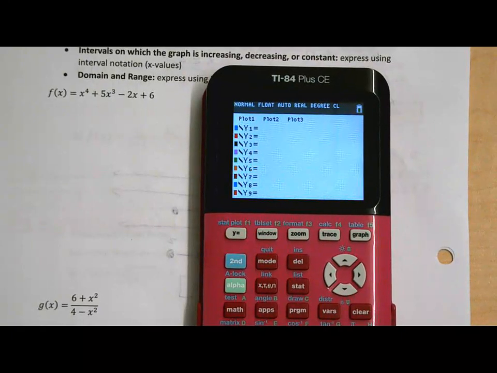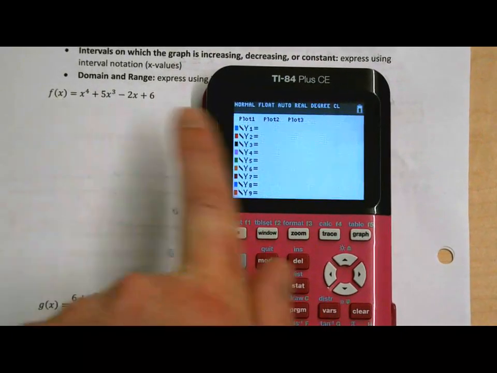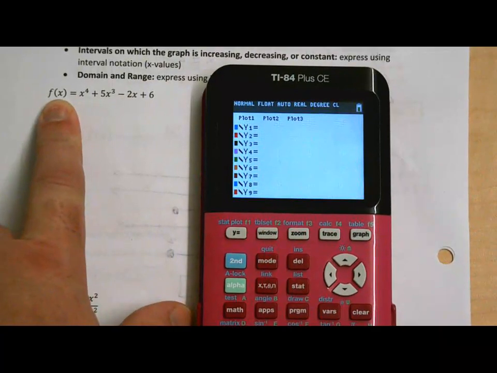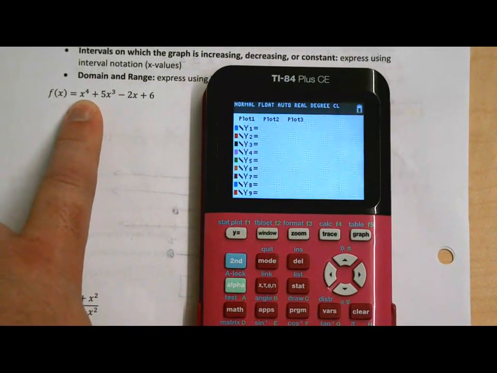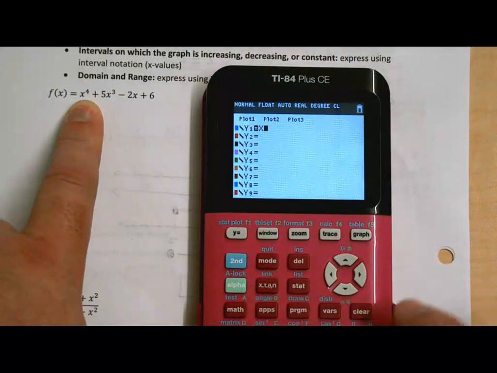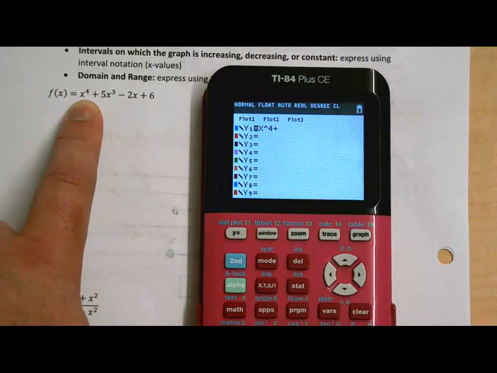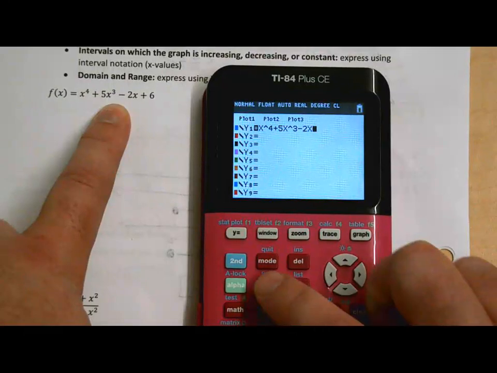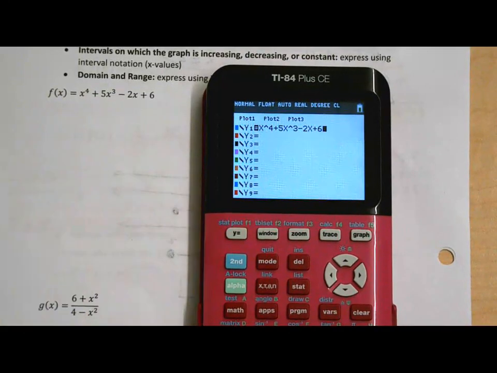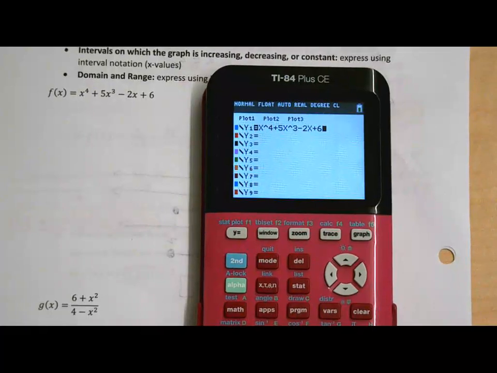So we're going to go ahead and type this equation in. This says y1 equals, that's just like our f of x here. So I'm going to start with x to the fourth, plus 5x to the third, minus 2x plus 6. Some of yours are going to look a little bit different from this.